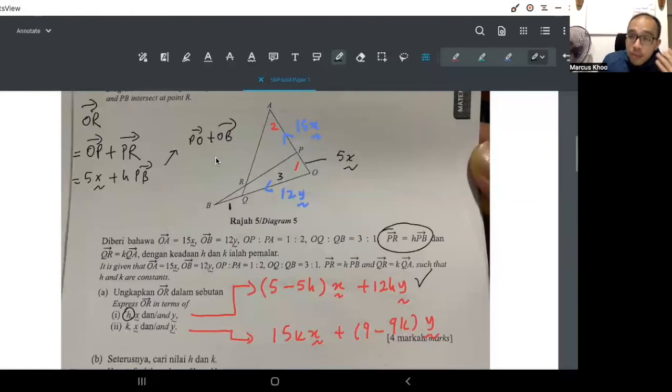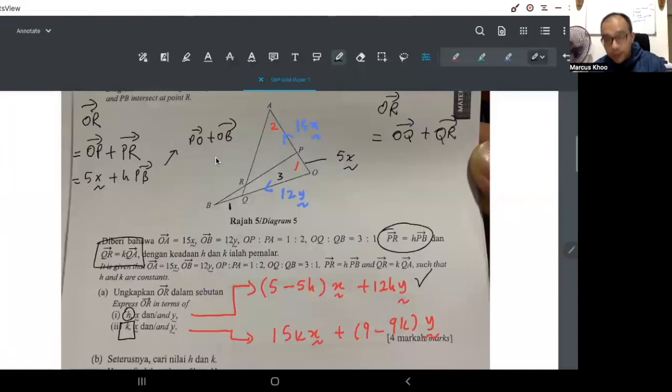Then you do the same thing all over again, but now we want k. Since we want k, and the clue given to us is QR, OR will be equal to OQ plus QR, and QR is actually k QA.